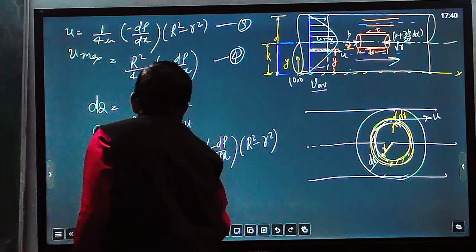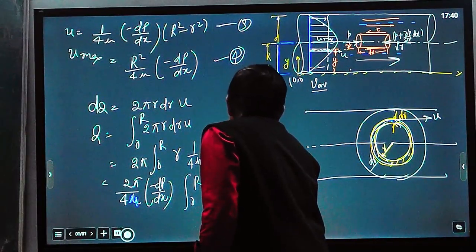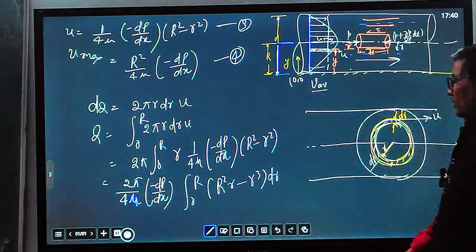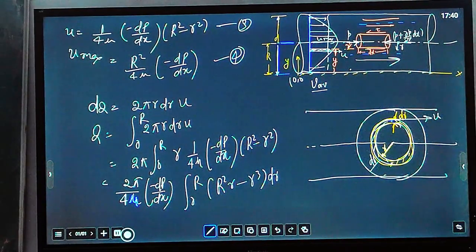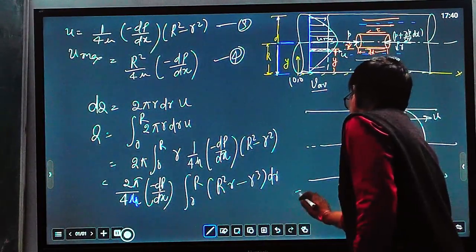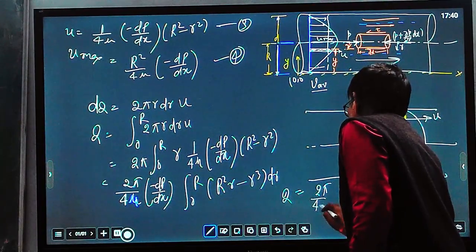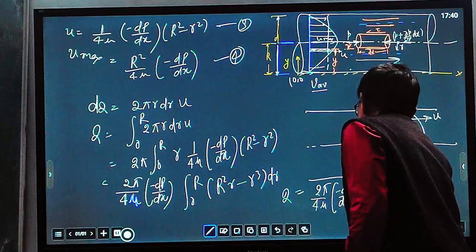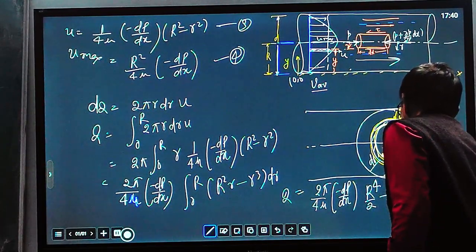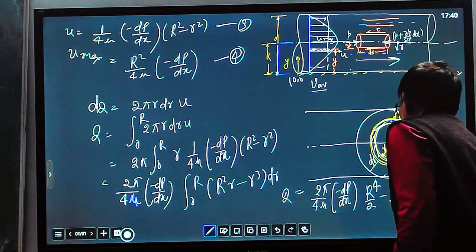In the bracket only we get 0 to R, you get R square into r minus r cube, and dr. Integrate this one and we find out total discharge. That will be equal to Q equal to 2 pi upon 4 mu minus dp by dx into R square r square by 2 minus r to power 4 by 4.